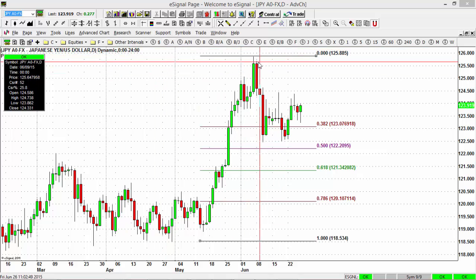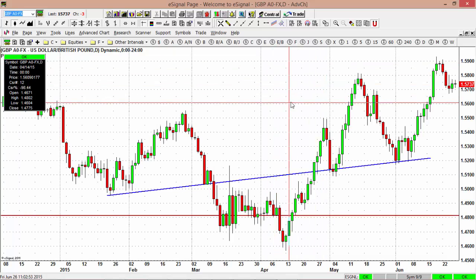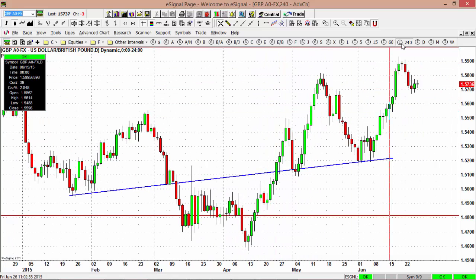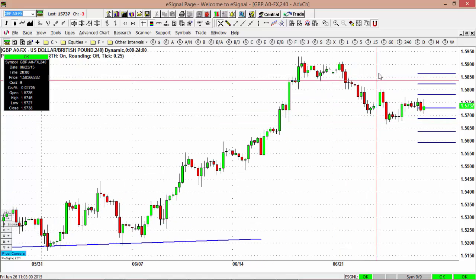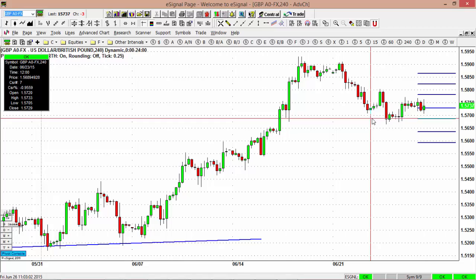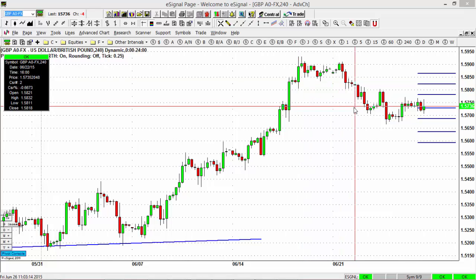Finally, let me take a look at the British pound. We're unchanged on the day, but we have support in the British pound at 156.50, and resistance is at this previous high, which is approximately 159.30.